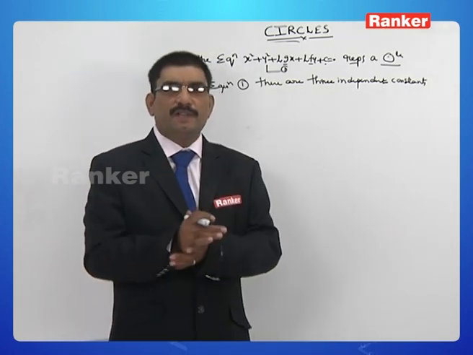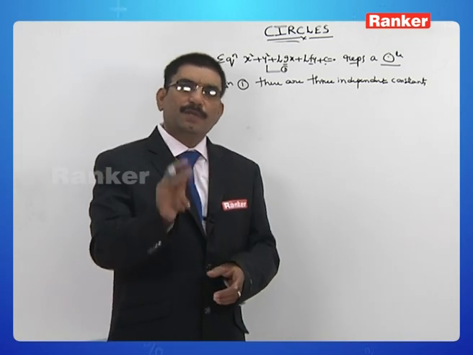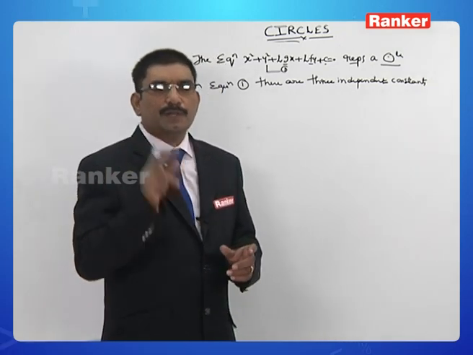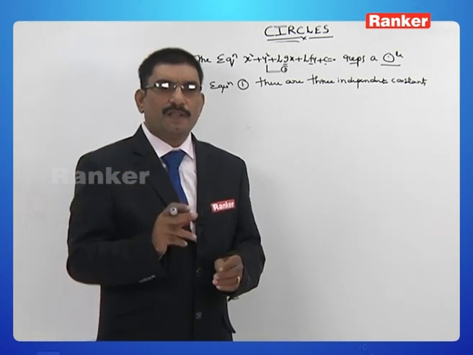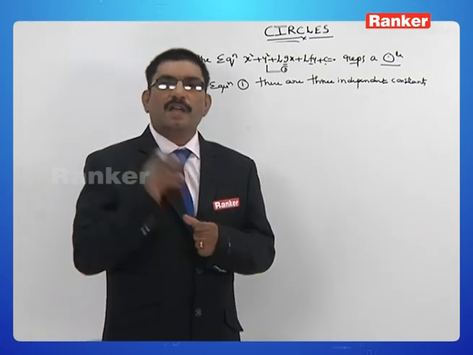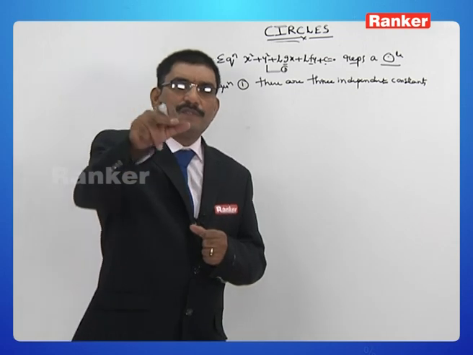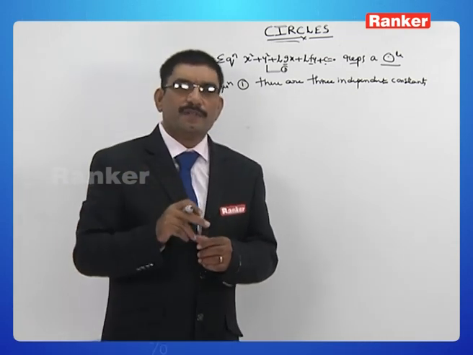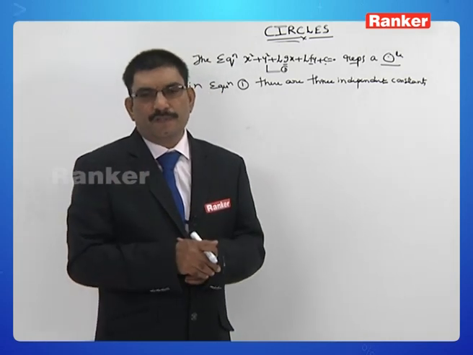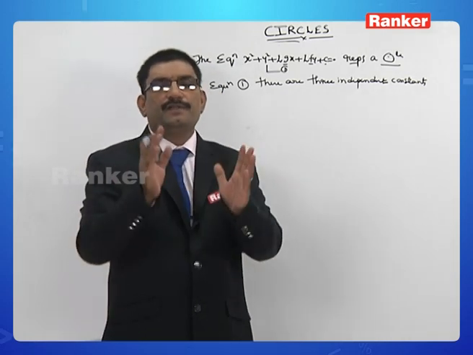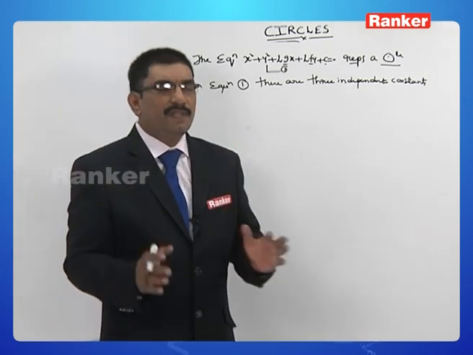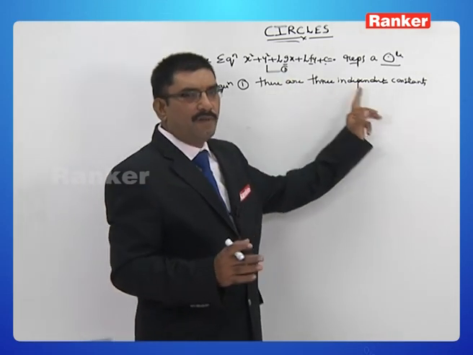The third method is he must give 2 tangents and 1 point, because 2 tangents touching a circle give 2 equations. And a third point, a point that lies on the circle, or the circle passes through the point, we get what? The 3rd equation. So therefore, hereafter, to find the equation of a circle in general form, there are 3 independent constants.